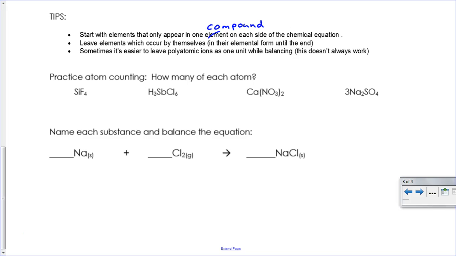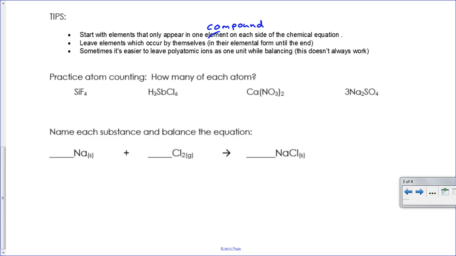The other thing is, if you have elements that occur by themselves in a chemical reaction in their elemental forms, like just iron or just oxygen, leave elemental substances until the end too, because you can just write in whatever number you need at the end.